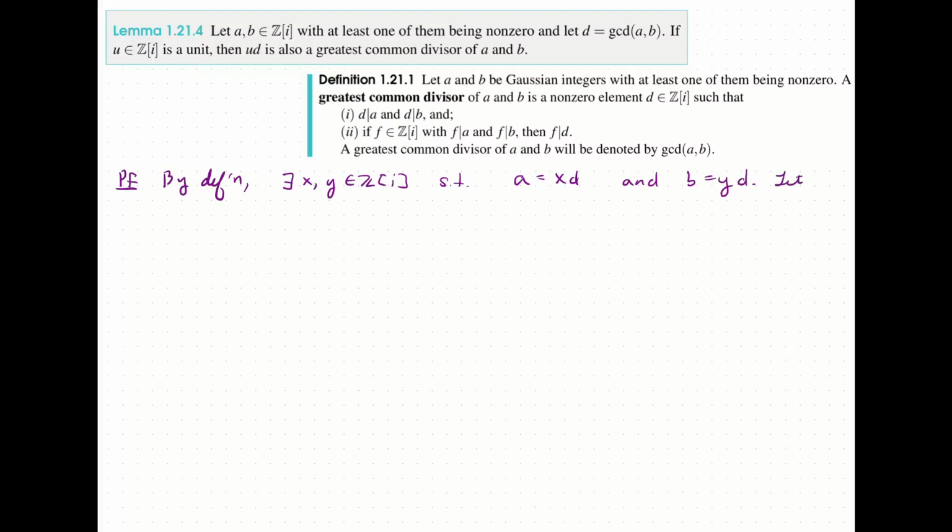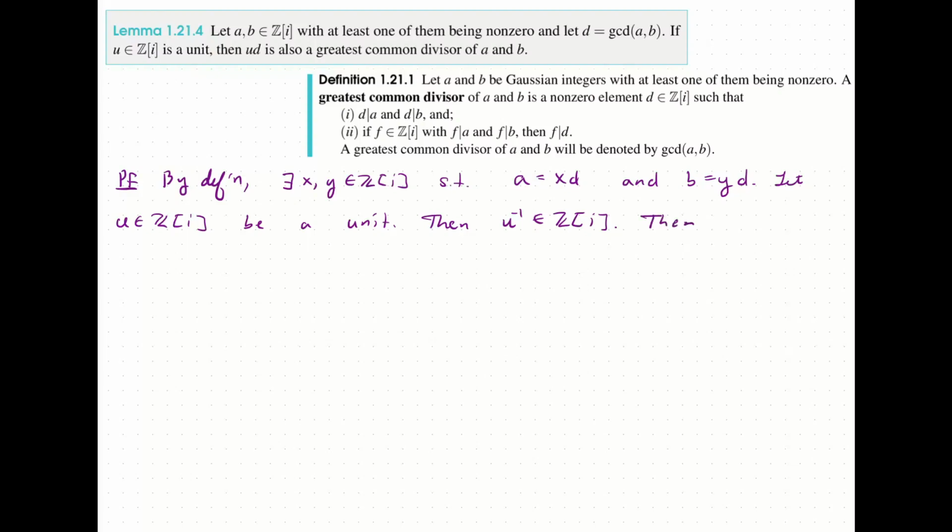Now let's go ahead and let U be a unit in the Gaussian integers. Then its multiplicative inverse is also a Gaussian integer. And now what we are going to do is the following nice clever trick.